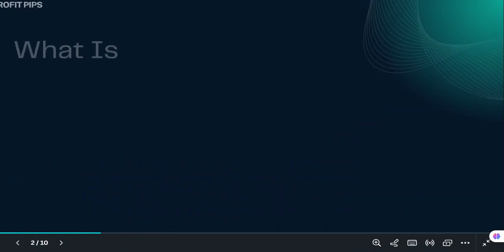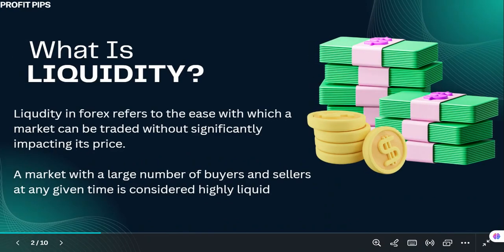So what is liquidity? Liquidity in Forex refers to the ease with which a market can be traded without significantly impacting its price. A market with a large number of buyers and sellers at any given time is considered highly liquid.